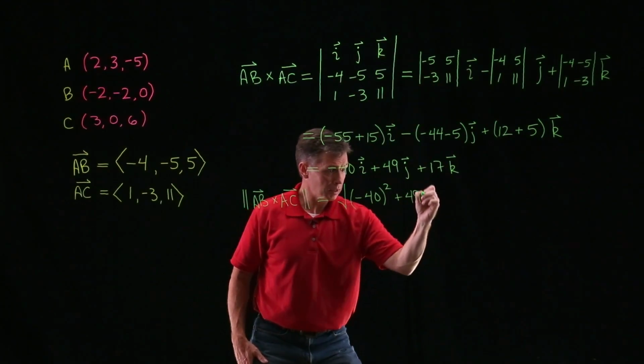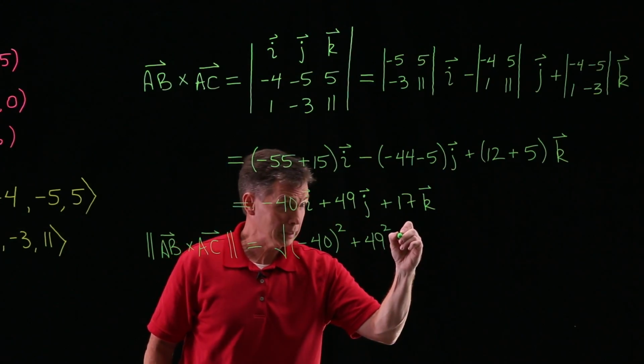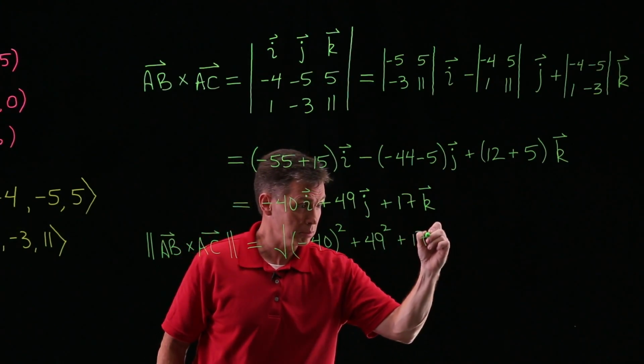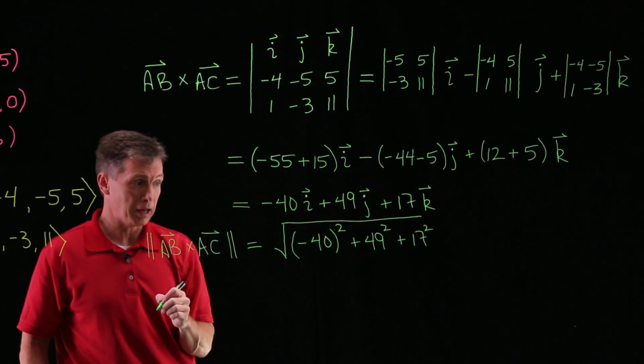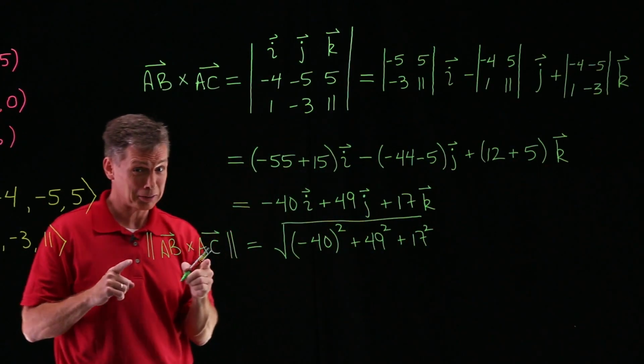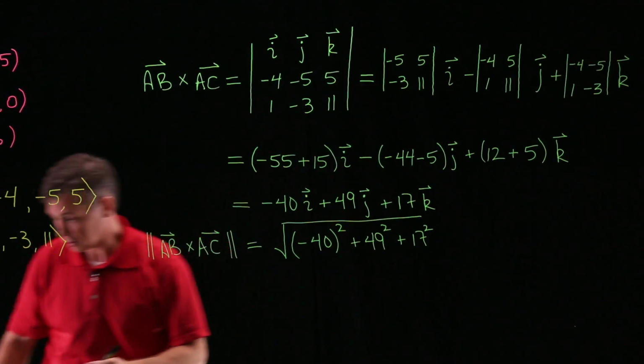So a negative 40 I'm going to have to square, a 49 I'm going to have to square, and a 17 I'm going to have to square. I'm going to add all those up and then take the square root of that. And that's where I'm going to defer to a calculator for that. Okay? Grab a calculator.